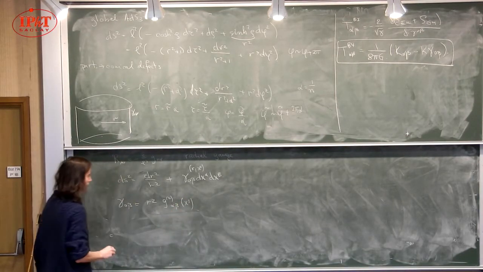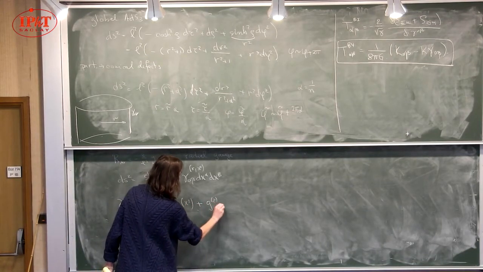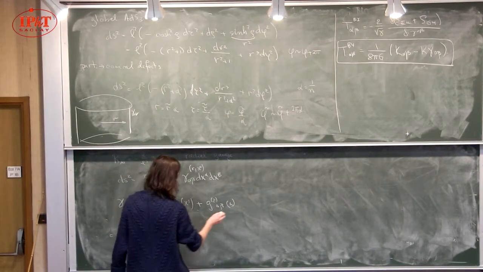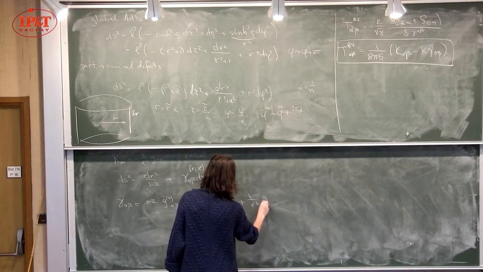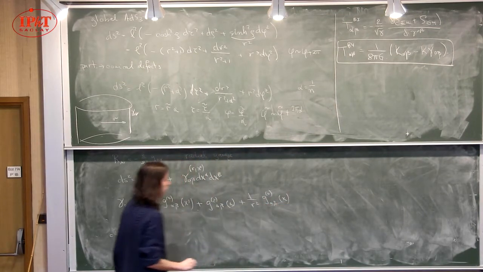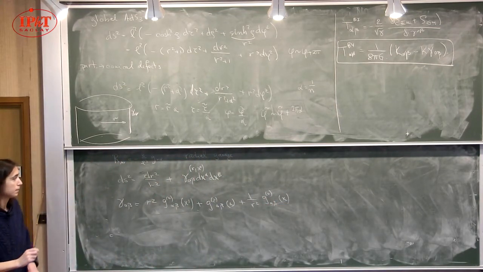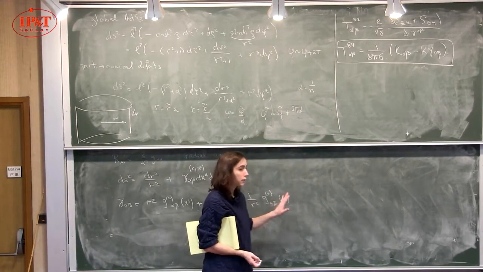Plus something that looks like g2 alpha beta, which only depends on the x's, plus 1 over r squared g4 alpha beta, which only depends on the x's. Once you go to this, it turns out that the expansion finishes here.